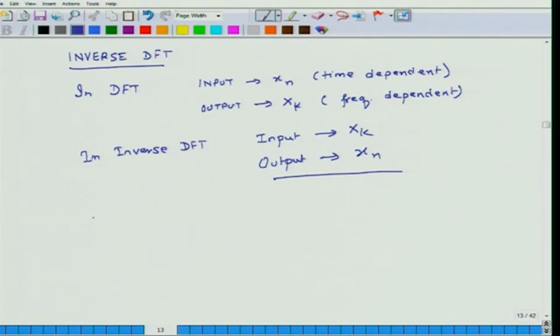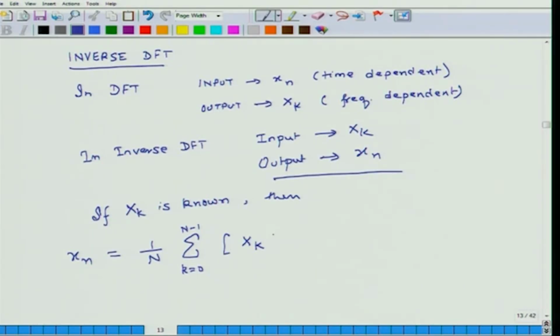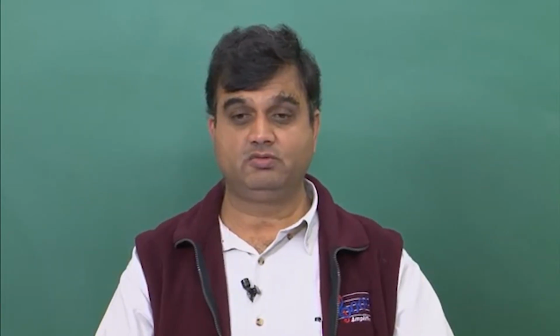And how do we do that? If X_k is known, then x_n equals 1 over capital N times the sum, and this time I will be adding up on the index k, because I have X_k's, of X_k e to the power of i 2 pi n k over N. So the formula is pretty much the same, except instead of minus i you put plus i, and instead of adding on the index of n, you here are adding over k.